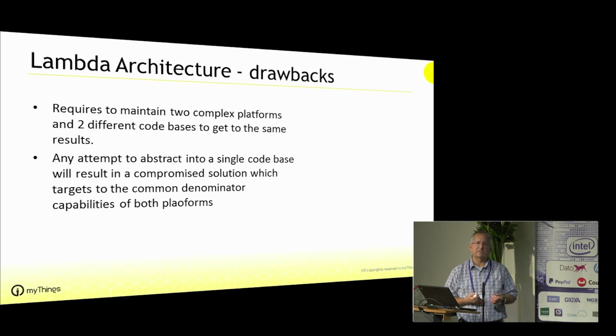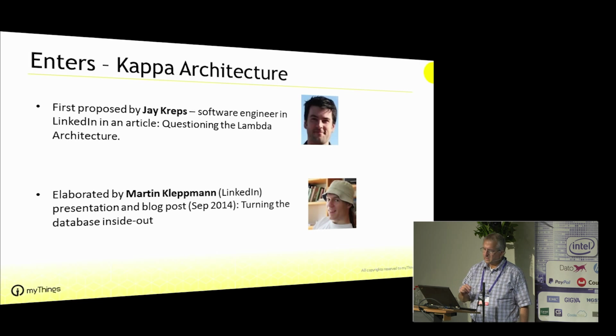The incremental processing that I was speaking about requires you to do it in a very different way, and there is no easy way to compromise. So you get a working solution, and many companies are doing it, but it's not the most efficient solution. So the Kappa architecture actually came from two other guys that suggested looking at this in a different way.